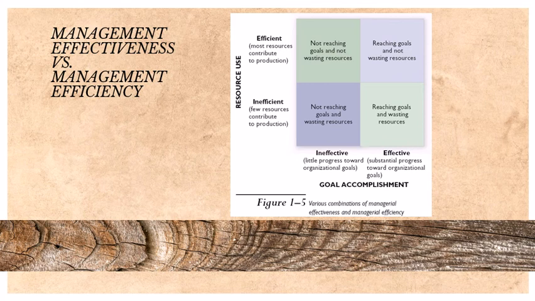Kapag naman inefficient, no? Pursuing the right goals but inefficient. So, ito yung pag sinabi natin inefficient, not producing enough and are expensive. Tapos, kapag efficient siya, ibig sabihin, you are not producing enough but low cost. Yung mga ganong case.